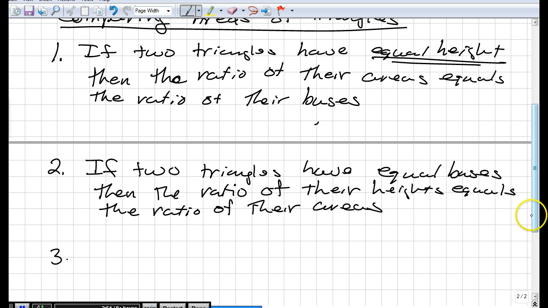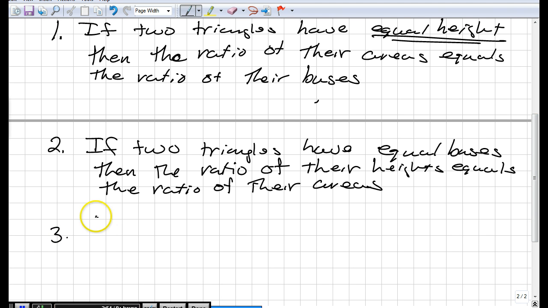And the third possibility is if the two triangles are similar.